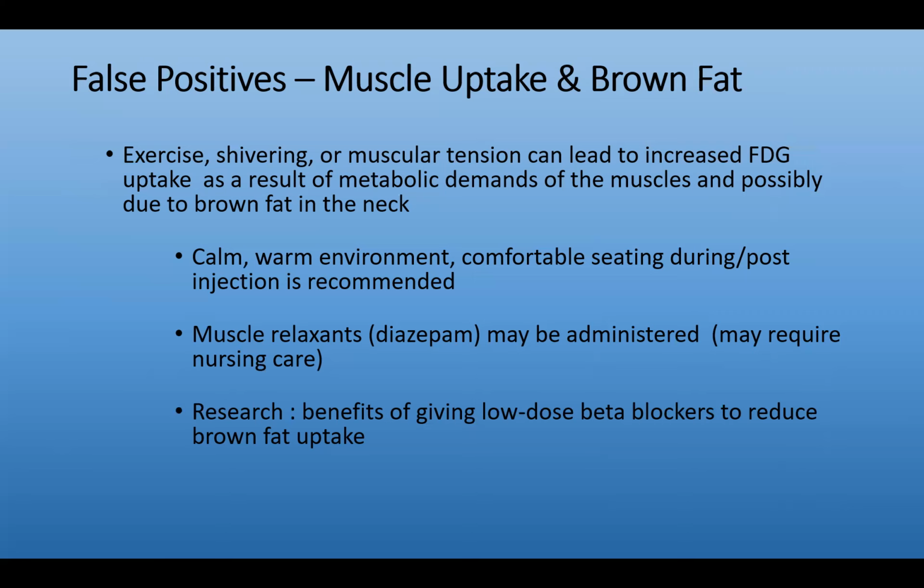And these can be administered just before the injection to help reduce anxiety. And this will minimize brown fat and muscle uptake. Just be aware that these are medications, and depending on your department protocol, it may require nursing care and follow-up.